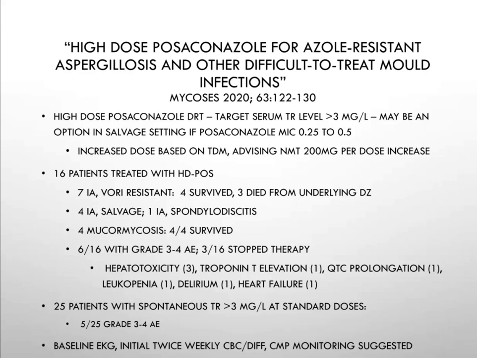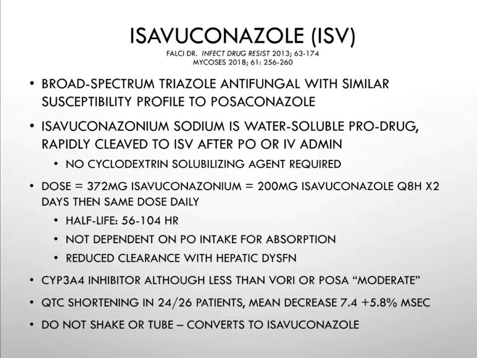What I will say is that there's a small set of data suggesting that this is a therapeutic option, but also there's a significant amount of increased adverse effects associated with pushing the doses of Posaconazole. So if it's going to be done, it needs to be done with very careful therapeutic drug monitoring, not just from a level standpoint, but monitoring for toxicity.